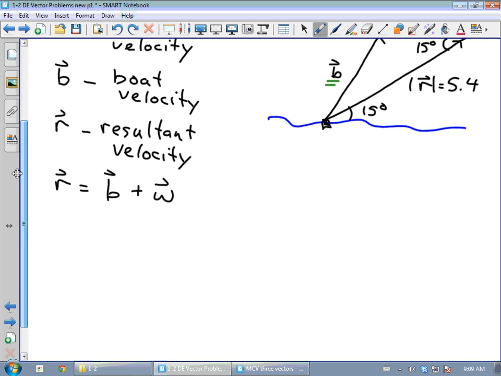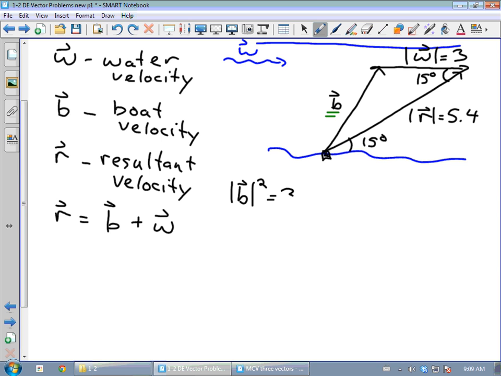So if we do that, that tells us that the magnitude of b squared is going to be 3 squared plus 5.4 squared minus 2 times 3 times 5.4 times the cosine of 15 degrees.